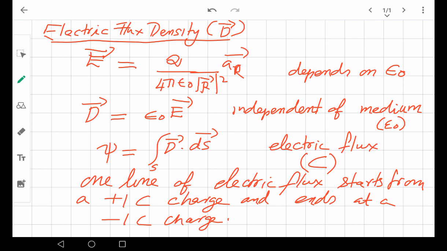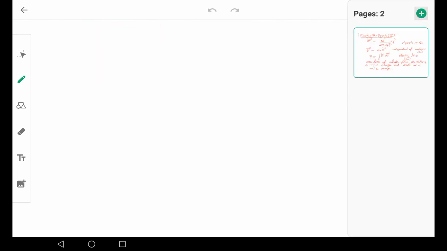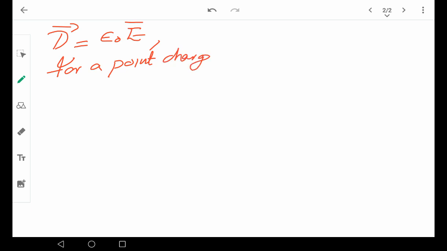Okay. So you can see, if you apply the equation D equal to epsilon 0 E, right, then you can say that for a point charge, you can have D equal to Q by 4 pi epsilon 0, no, sorry, epsilon 0 is not there.